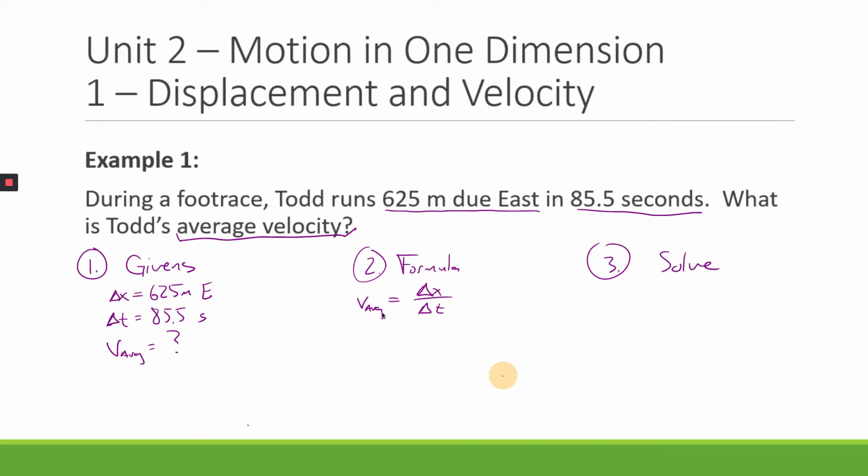So V average, we don't know, so we'll keep that as unknown. Delta x we do, and we'll plug in that information, 625 meters east. Delta t we know, 85.5 seconds. So we can get our V average. Let's plug it into the old calculator here.